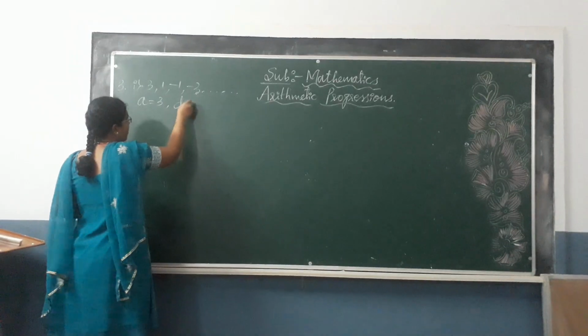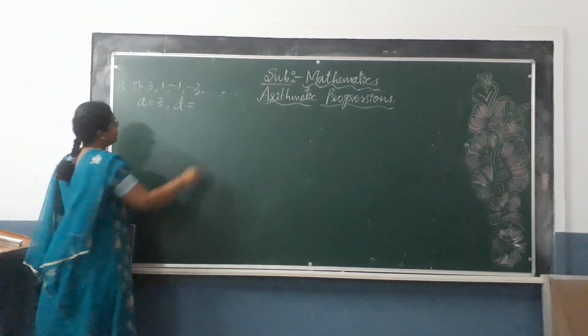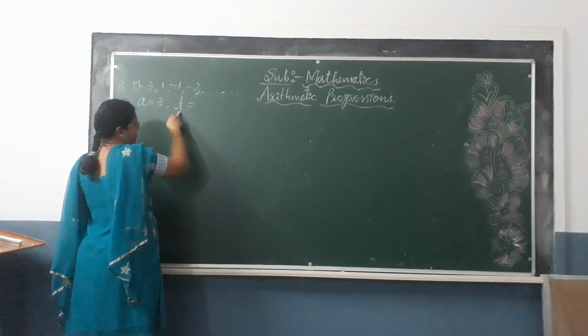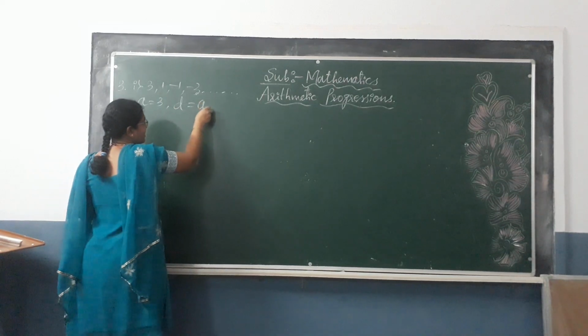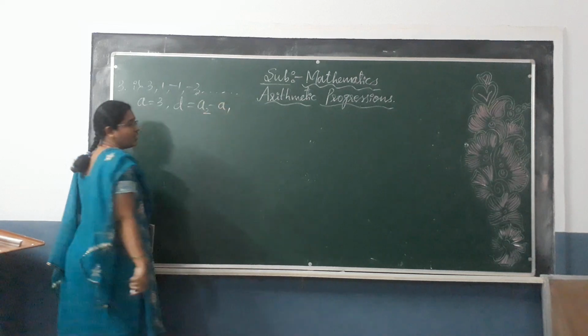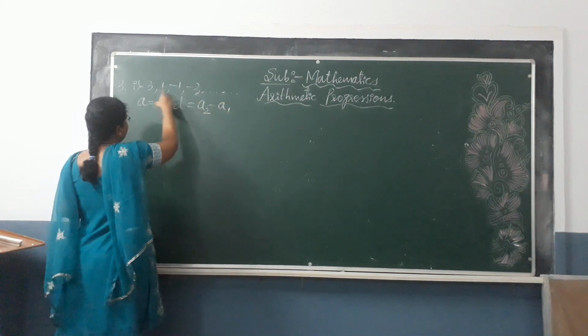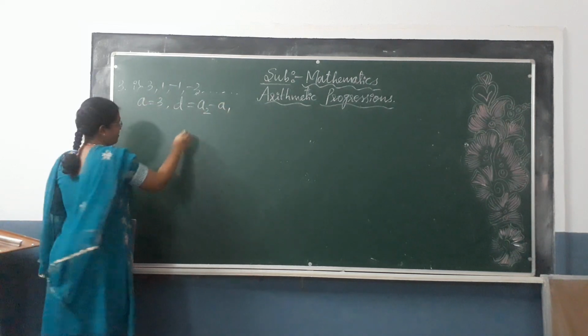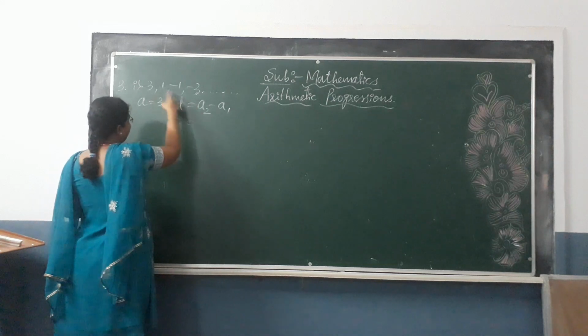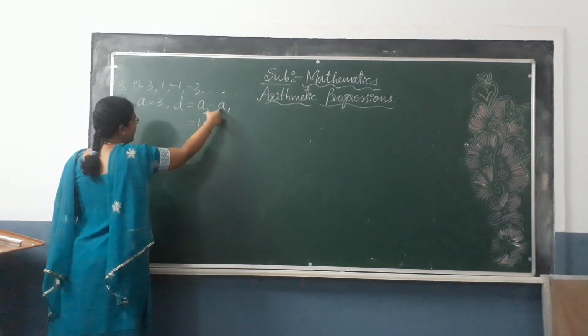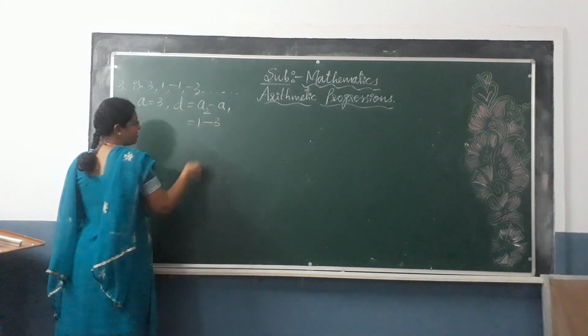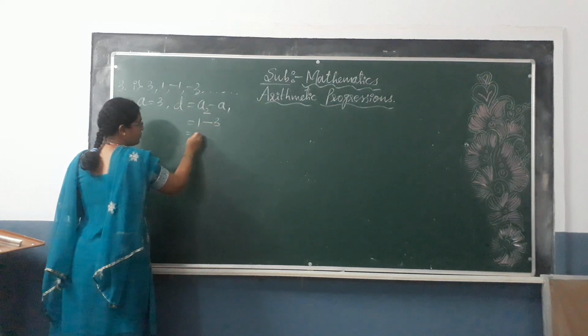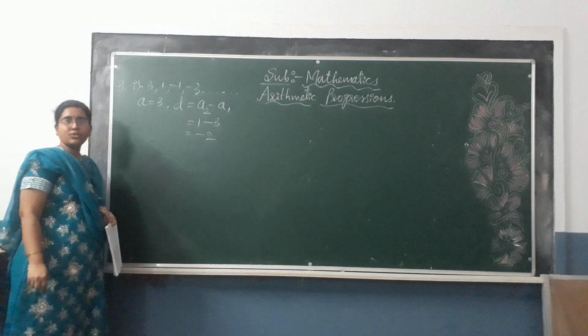Next find the common difference d. The common difference d formula is A2 minus A1, that is second term minus first term. A2 here is 1 minus first term which is 3. Subtract these two, we will get -2.